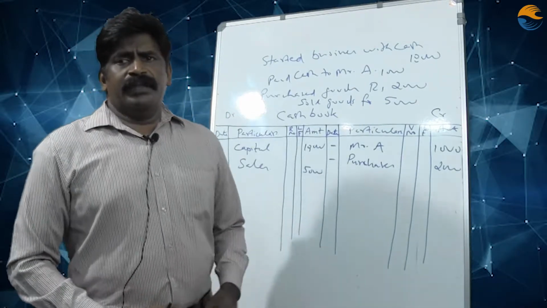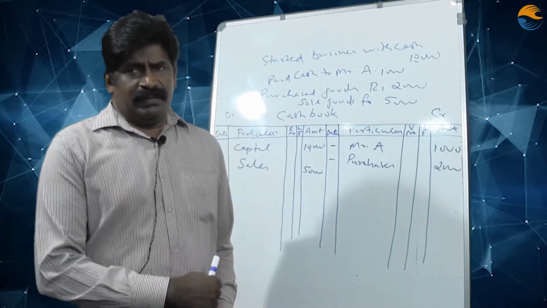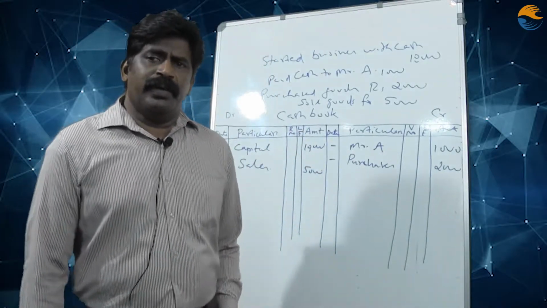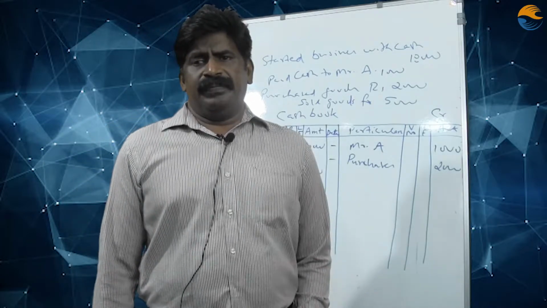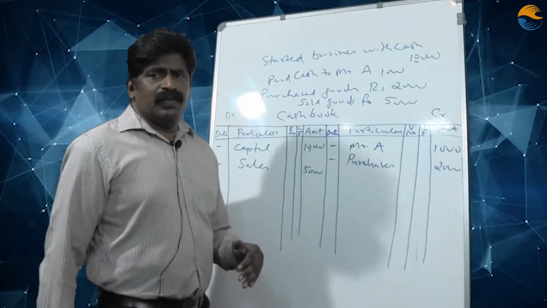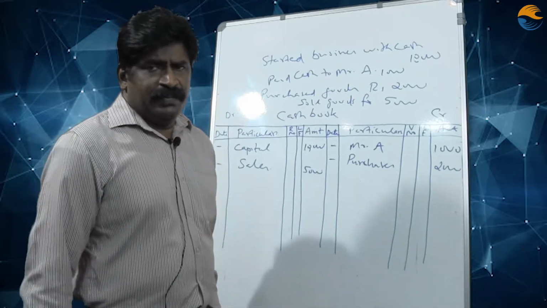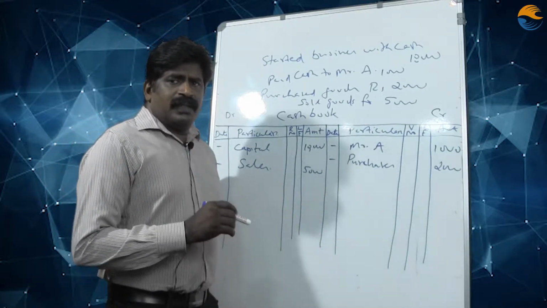Okay. In this way, all receipts are to be debited with this cash book and all payments are to be credited. After writing up this cash book, we have to balance it. The balancing procedure. How to balance an account?